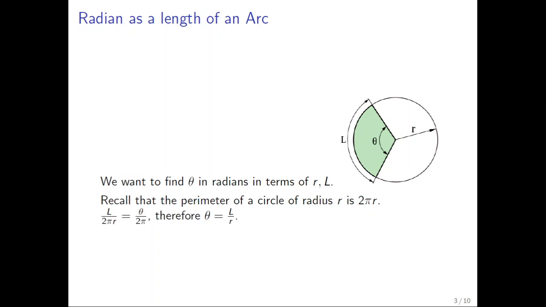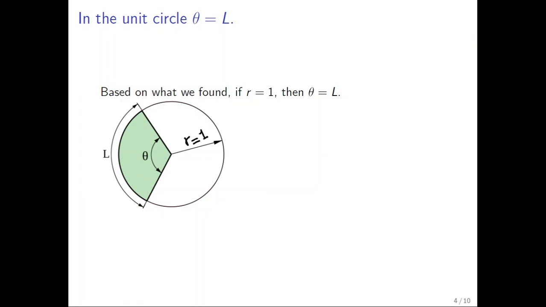So in this figure we have that L over 2 pi r is equal to theta over 2 pi. From this we get that theta is equal to L over r in radians. So if r is equal to 1, theta is exactly the length L. Theta is exactly the length of the arc which is facing it.